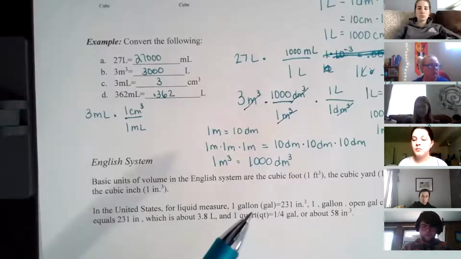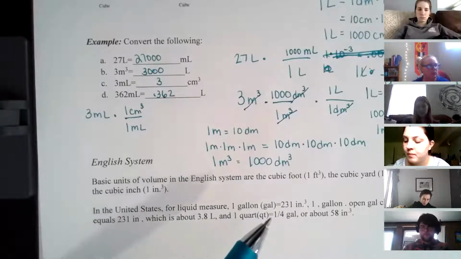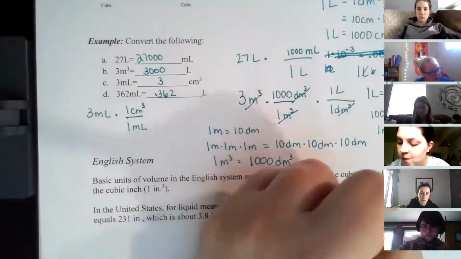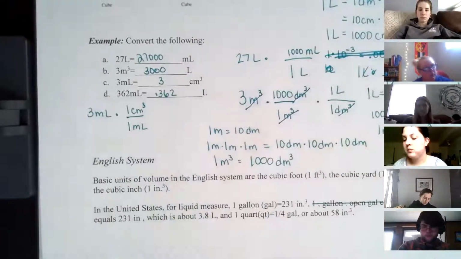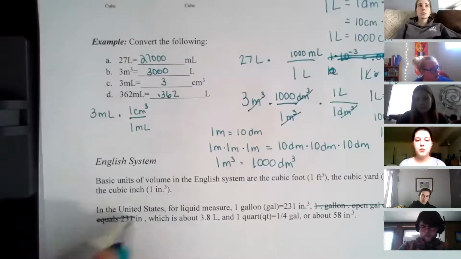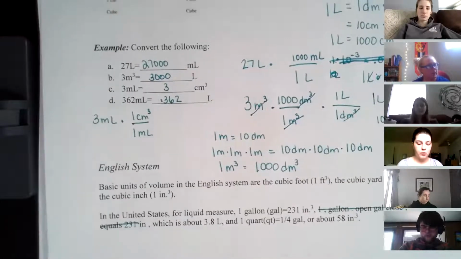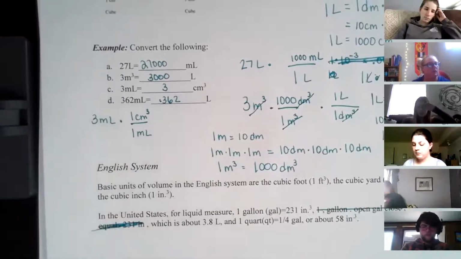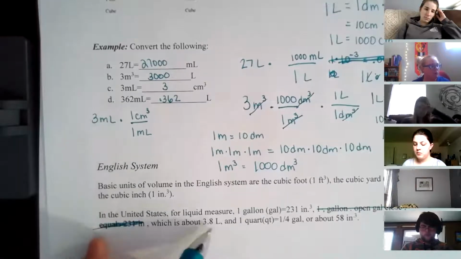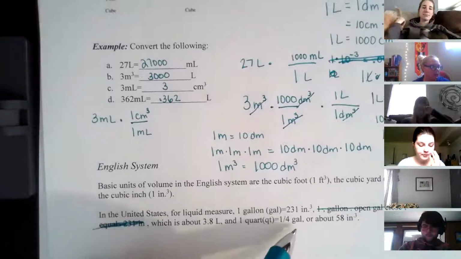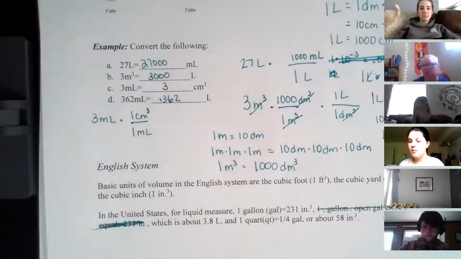But with liquid measures, 1 gallon is 231 cubic inches, which is about 3.8 liters, and 1 quart is a fourth of a gallon, which is about 58 cubic inches.